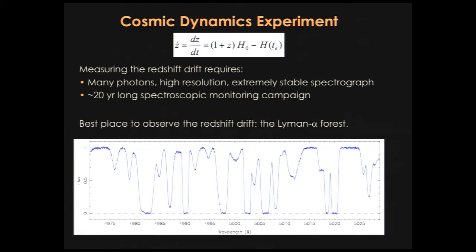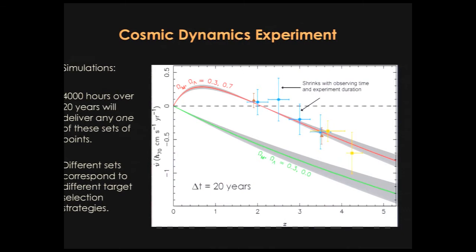Now, this example that I've just shown you is quite interesting, but of course requires a large delta time to be visible the way I've just shown it to you. However, what is interesting is that if you look at the y-axis of this plot, you find out that the measurement that we are trying to make is of a variation in velocity, which is of the order of 1 to 2 centimeters per second per year.